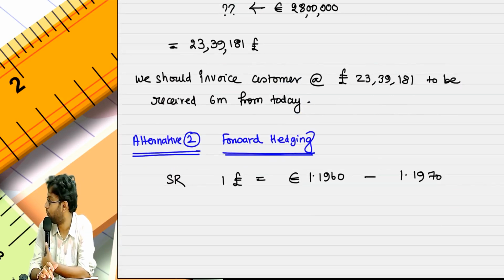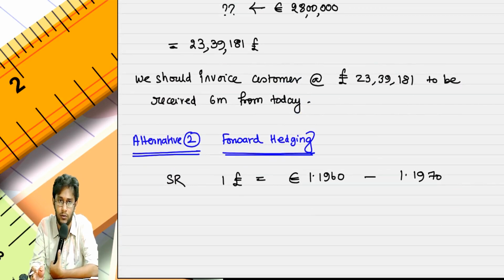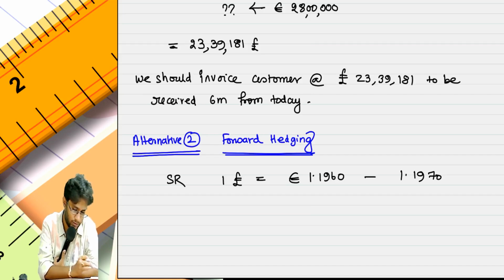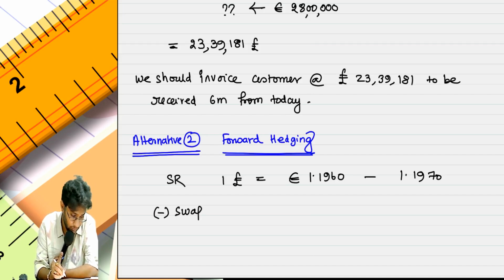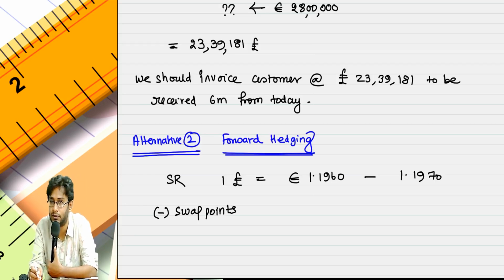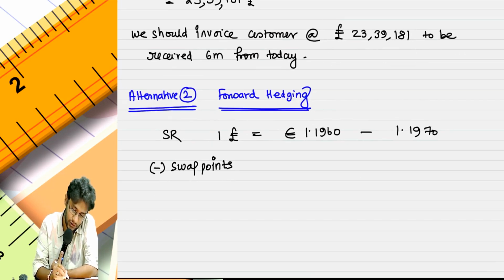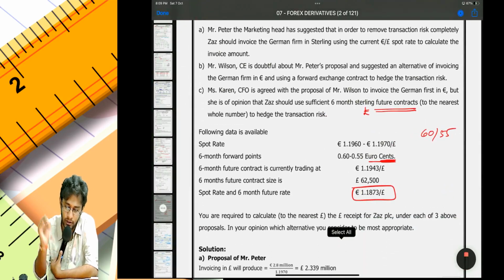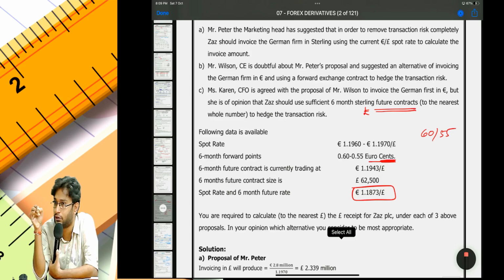If you are a pro, you are able to think everything correctly. Directly also you can do. There is no need to write small steps like this. Since you are not a pro, I am writing. Why do you have to minus the swap points? They are in falling order. In one exam question, look at this correctly. 6 months forward points are in which order? Falling order. So definitely you have to minus.